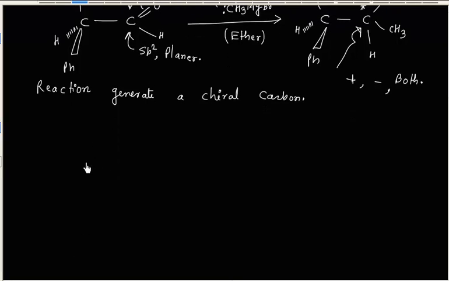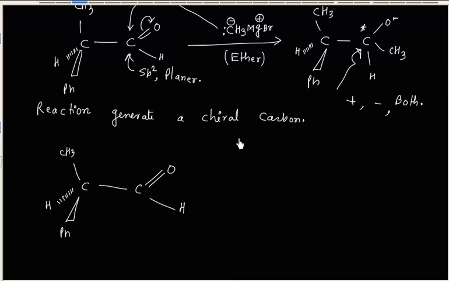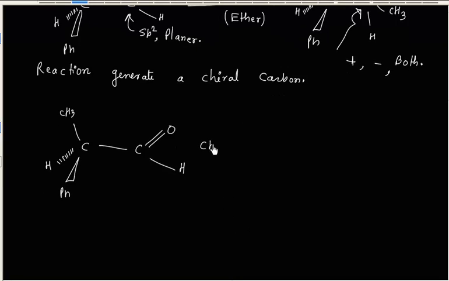So if I show the same, we will have this. So this part of the molecule is planar. So attack of methyl, that is CH3 minus, can happen from top face as well as from bottom face.